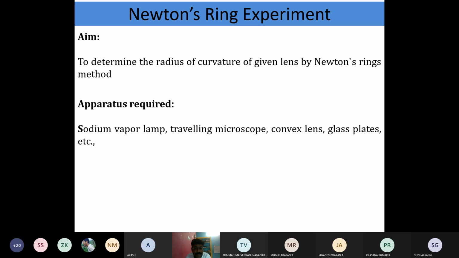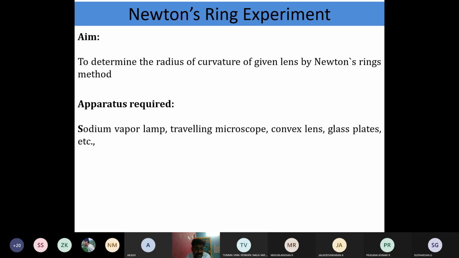When the light falls on this convex lens, it produces an interference pattern. The outcome interference pattern is in the form of circles. So here we are going to get a circular interference pattern.